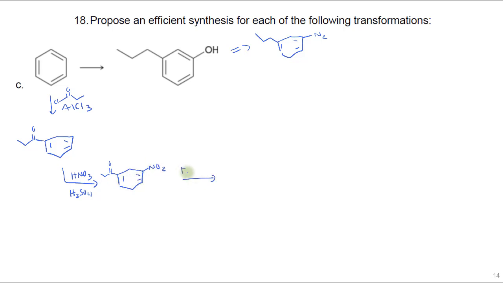And you can use iron and acid to reduce my nitro group. That should leave my carbonyl alone. React it with HONO.